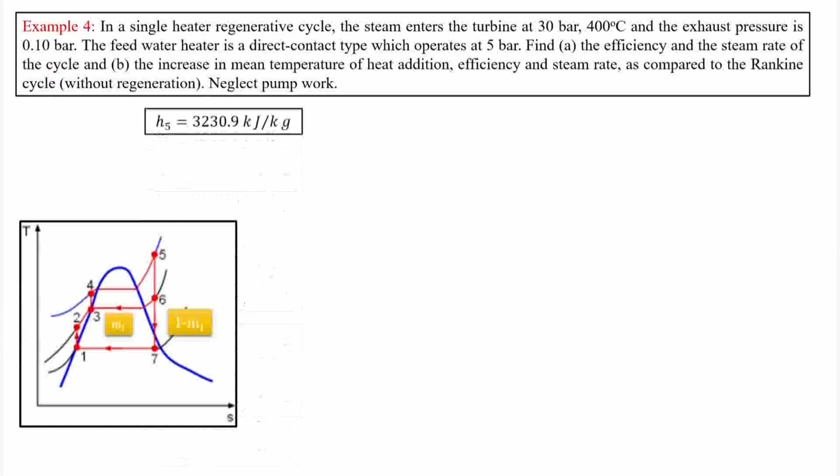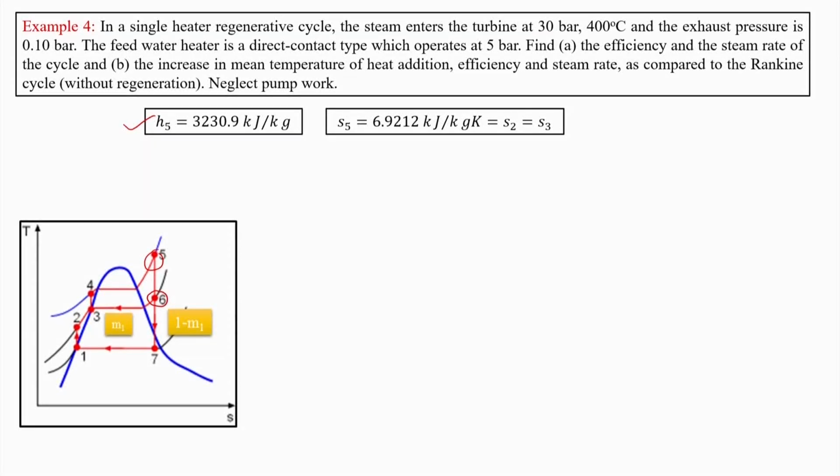First we know that P5 and T5 are known to us. We will go to the superheated part of the steam table, and then we will know the enthalpy, which is H5 is equal to 3230.9. Then we have to find out point 6, which is at 5 bar. For that we will take the help of entropy from point 5.